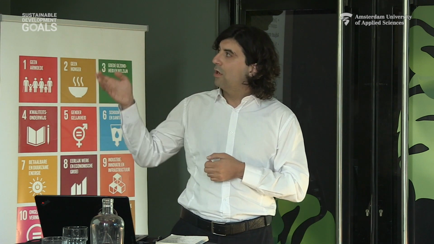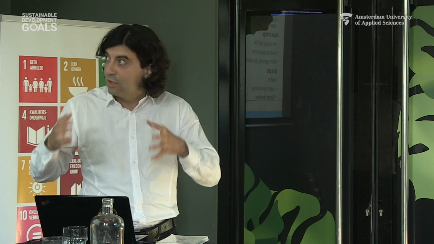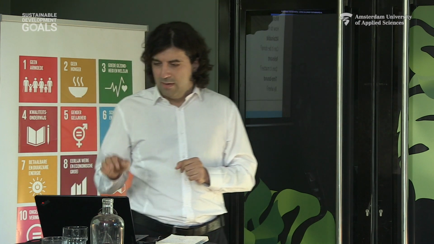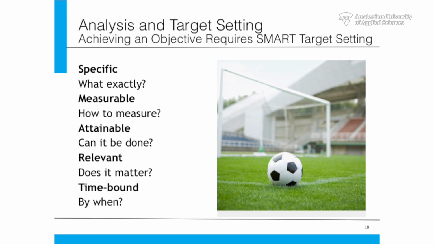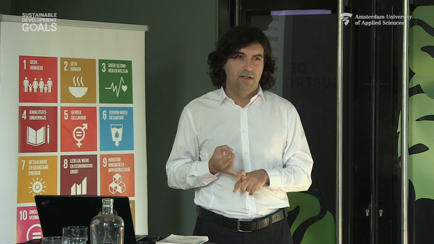And then you start cascading objectives, and this is basically the setting of targets. Setting targets normally comes down to 5 steps. It should be specific, measurable and attainable. You need to achieve it at the end, and it should be relevant and also time-bound.